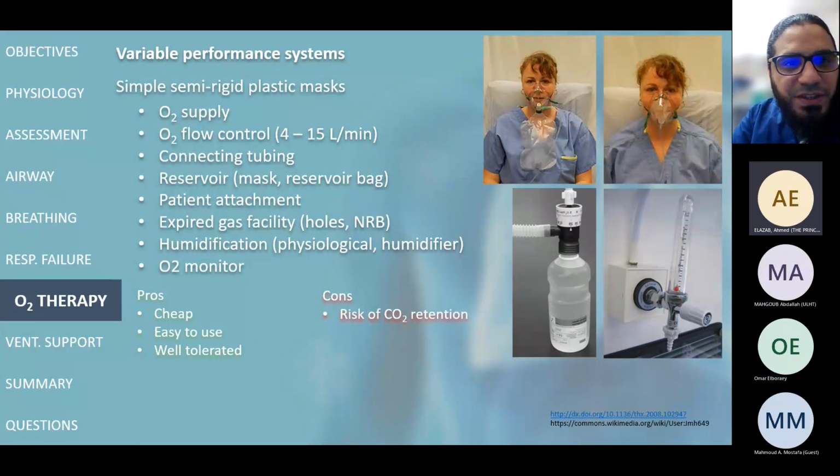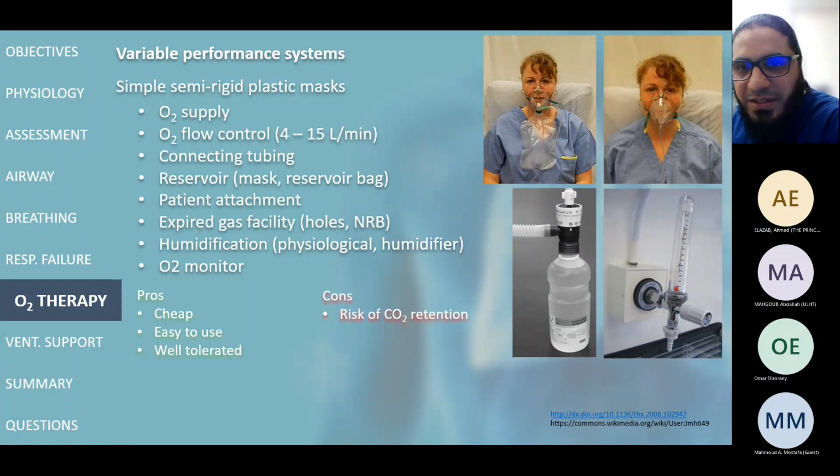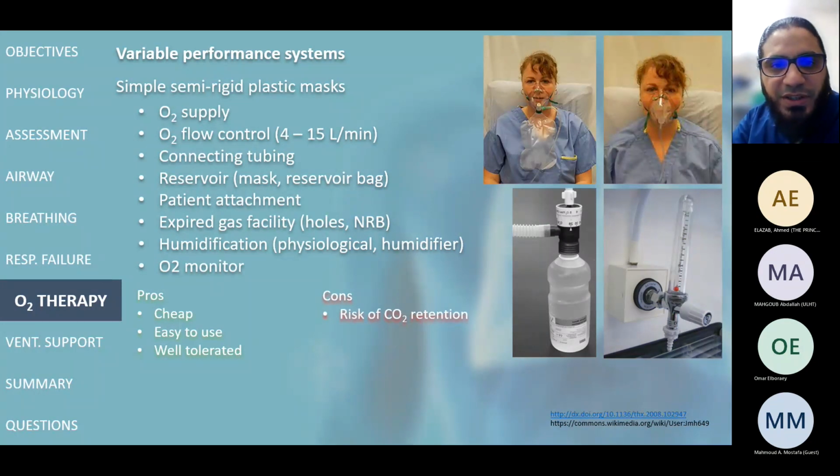Okay, the next device in the variable performance system is the simple face mask, and it's very similar to the nasal cannula. The difference is that you can use higher flow rate with this device, up to 15 liters per minute, and it again has the whole components.